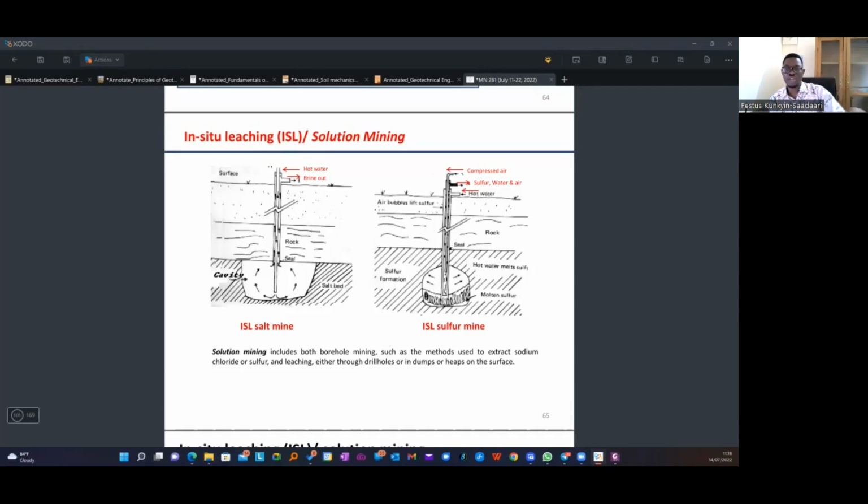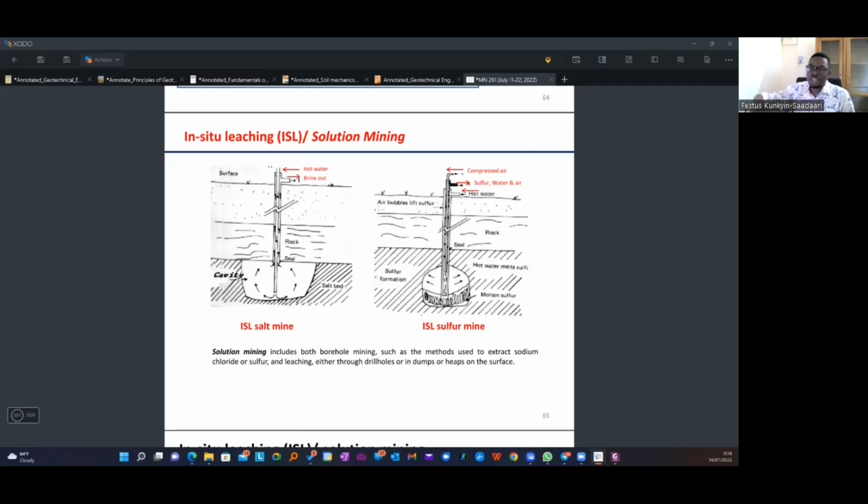So in in situ leaching, you don't drill, blast, and fetch the material somewhere and go and leach. You allow the mineral to be where it is. You drill into it, and then add any chemical or solution you think is capable of melting the mineral you are interested in at its location.